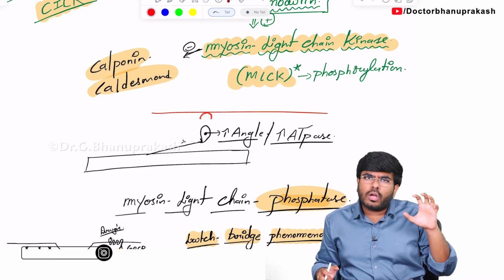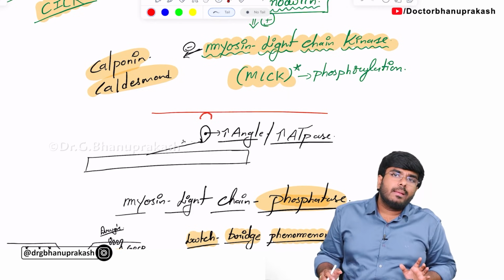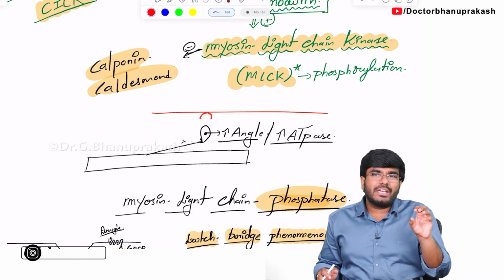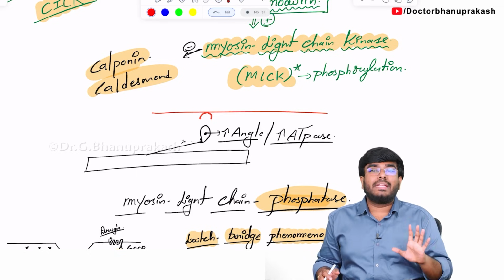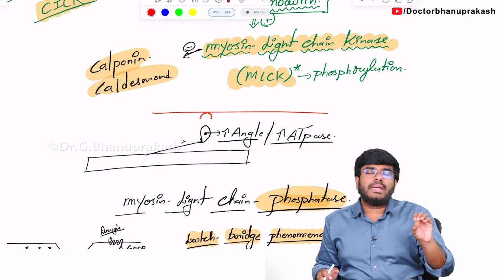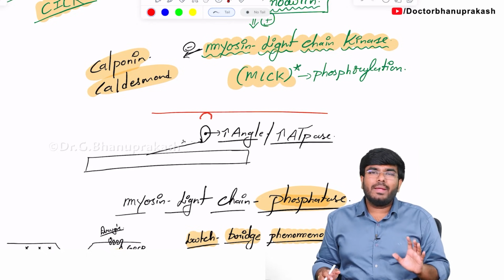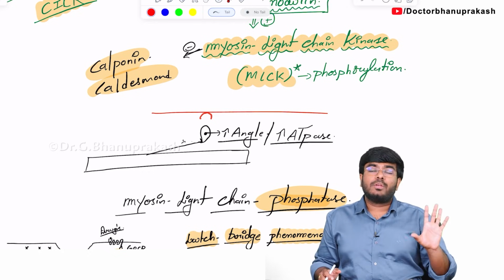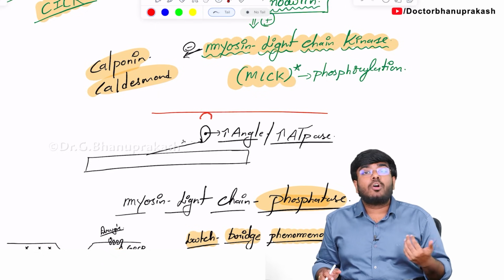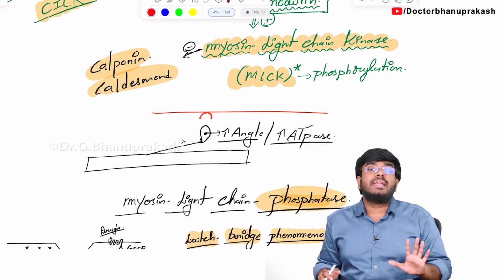There is no complete removal of the myosin from the active site. Why? Because the smooth muscle is still in contracted phase. Even without ATP, there is a sustained contraction of the smooth muscle. The muscle tone is maintained, so the muscle contraction is maintained even without ATP, by using less ATP.